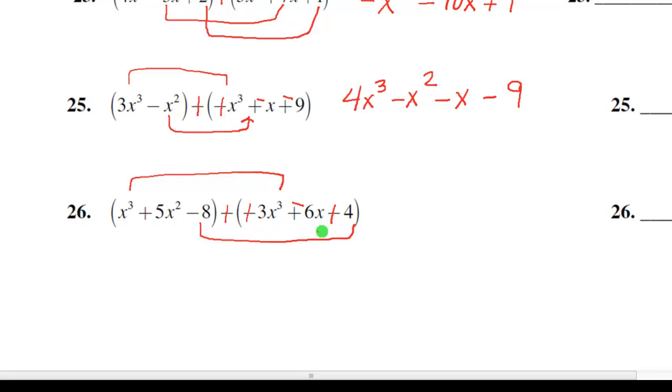The rest are not like terms. So 1x cubed plus 3x cubed is 4x cubed plus 5x squared. It's convention to put these in descending powers. That's why I'm putting that there. Minus 6x. And now I have a negative 8 plus a 4, which is a negative 4.